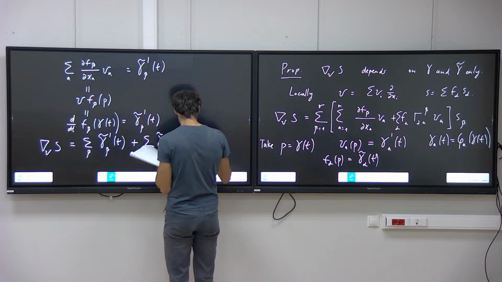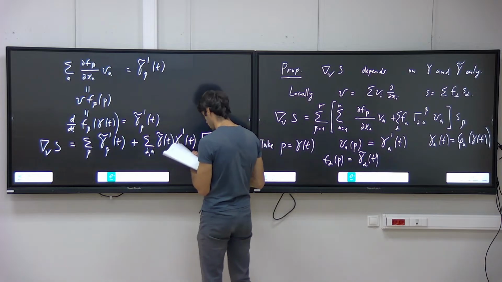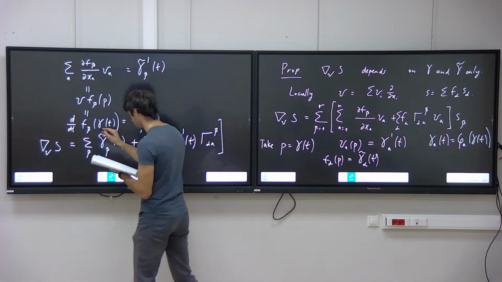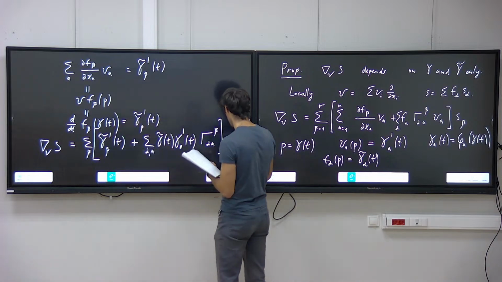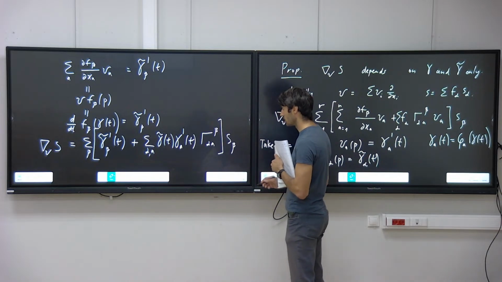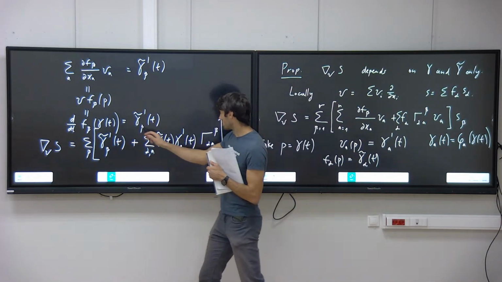And then I have big gamma, which is Christoffel symbol, beta alpha a. Yes, beta. So we will use this coefficient.